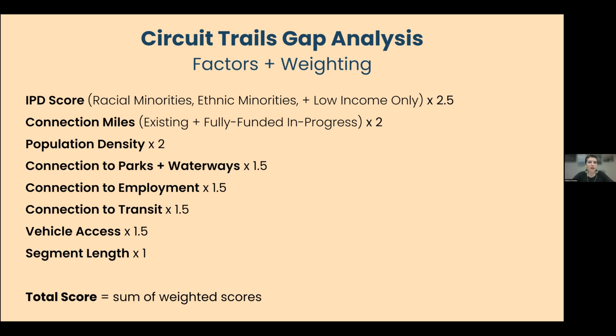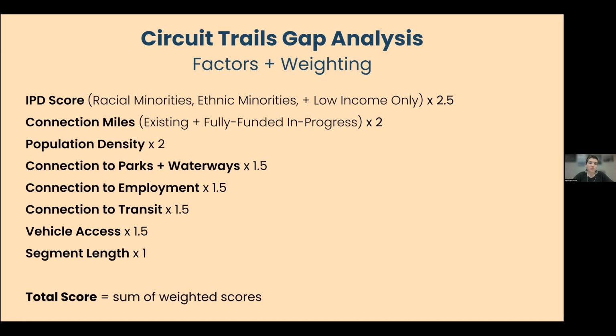We also ranked segments based on connection miles. So that's existing miles of connectivity as well as fully funded in-progress segments. We decided that in this analysis, we would essentially treat those as existing. And that was weighted times 2.